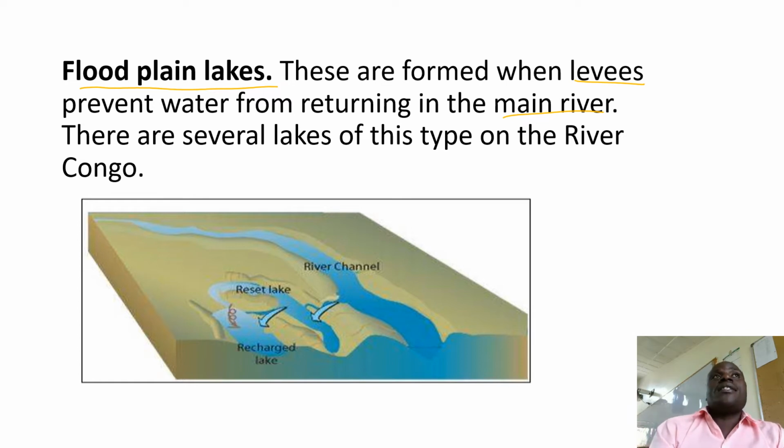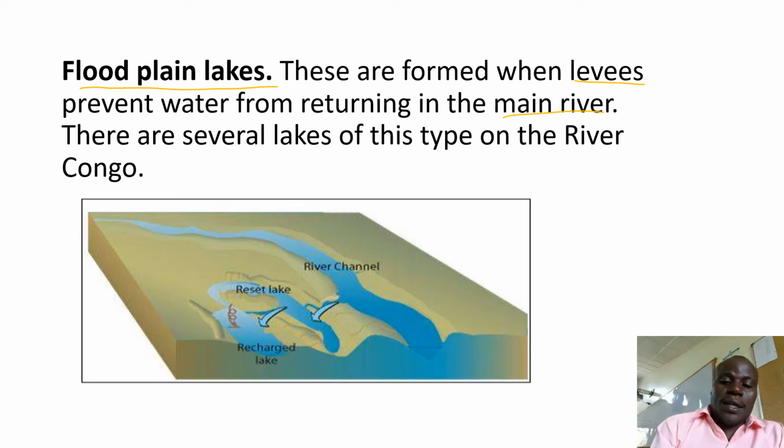So when these materials, called levees, prevent the water from entering the main channel and block this water behind themselves, the lakes formed are called floodplain lakes. They are called floodplain lakes because they occupy a floodplain, this extensive lowland neighboring the main river channel.